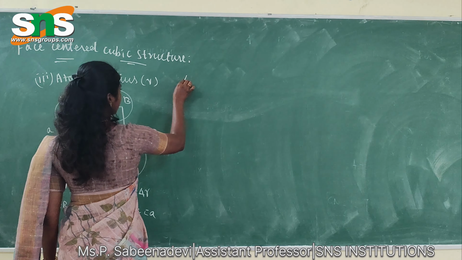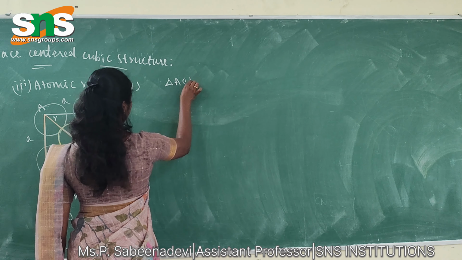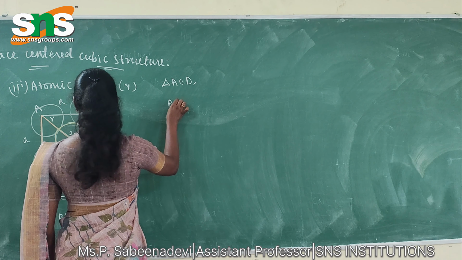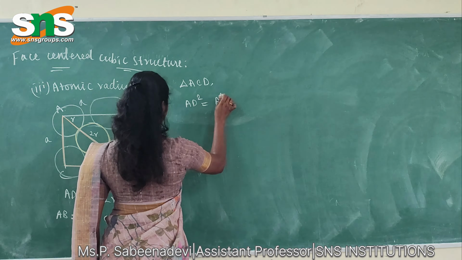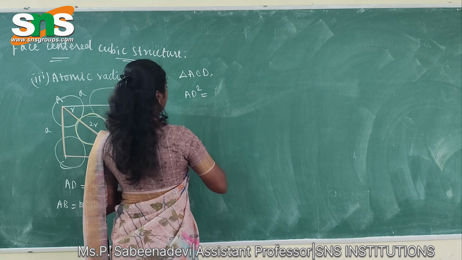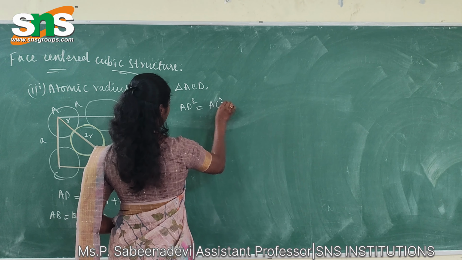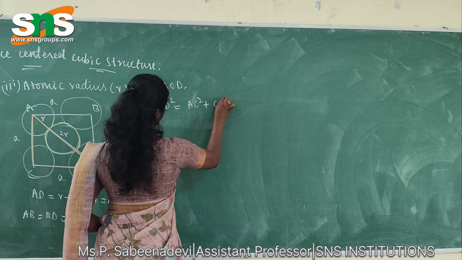So AD square is equal to AC square plus CD square.